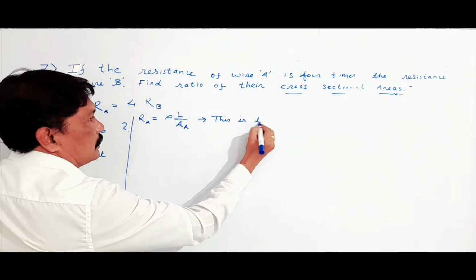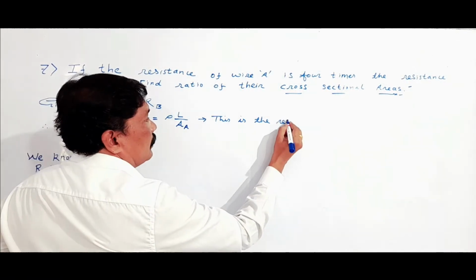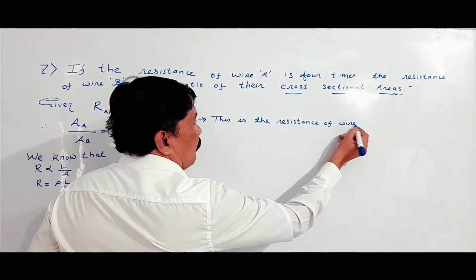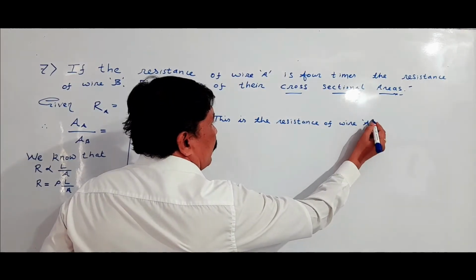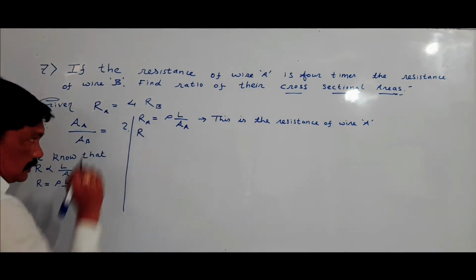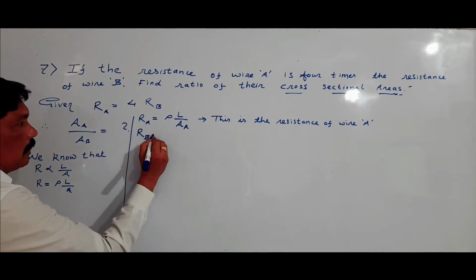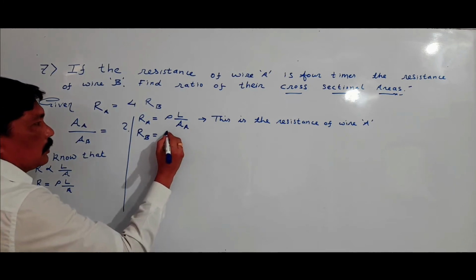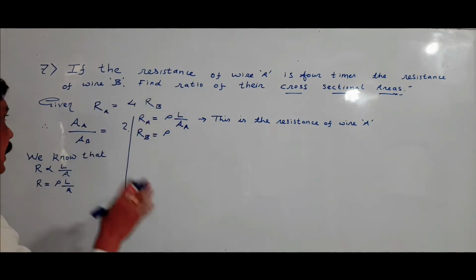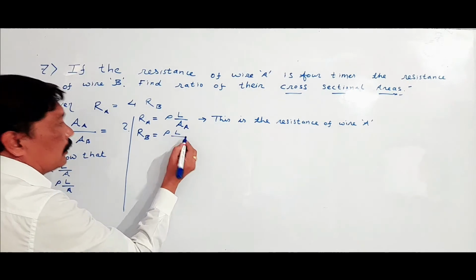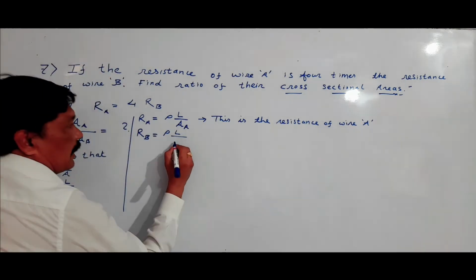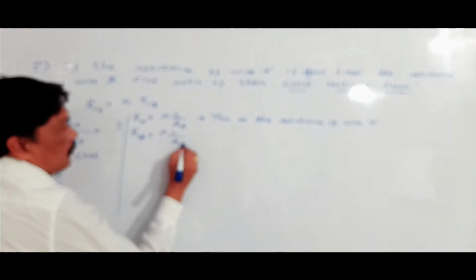This is the resistance of wire A. The other formula for wire B will be: resistance of wire B is equal to the constant, that is resistivity of a material, into length upon area of cross section of wire B, and we can write here A_B.